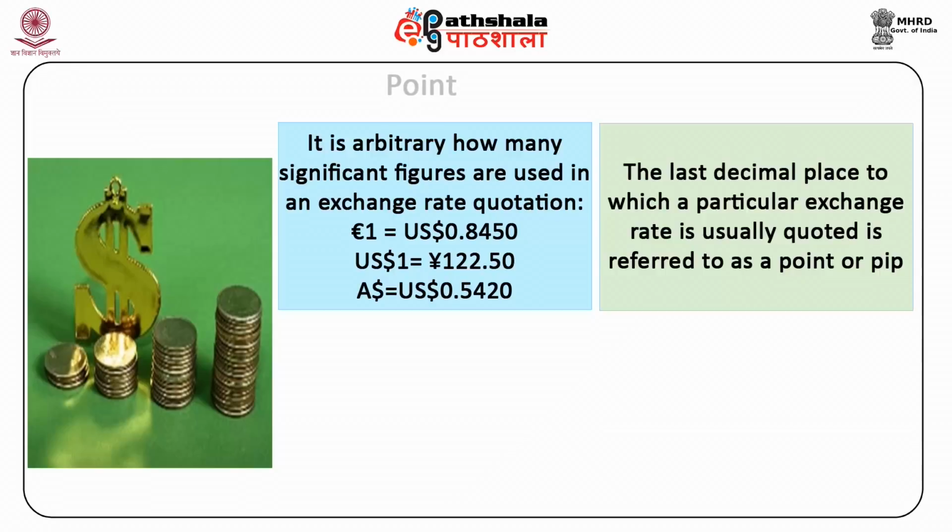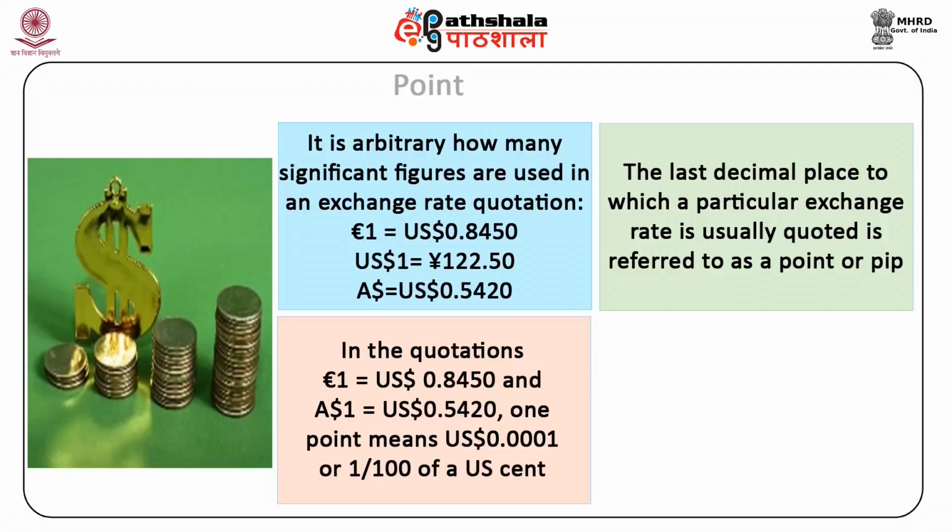The last decimal place to which a particular exchange rate is usually quoted is referred to as a point or pip. In the quotation, 1 euro is equal to 0.8450 US dollar and 1 Australian dollar is equal to 0.5420 US dollar, 1 point means 0.0001 US dollar or 1 by 100 of a US cent.